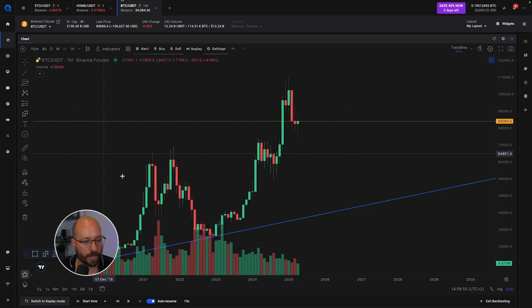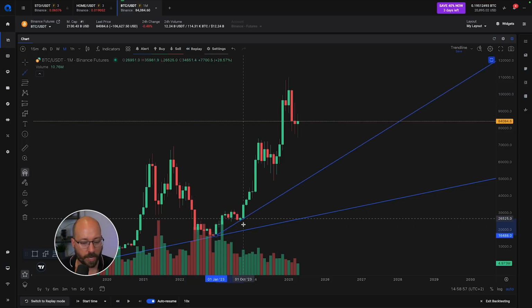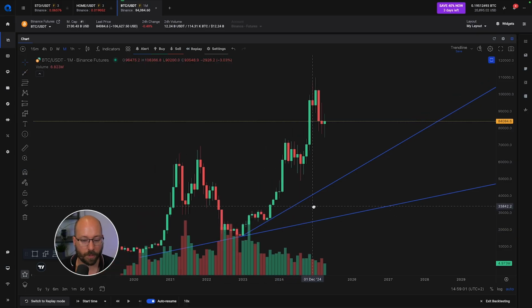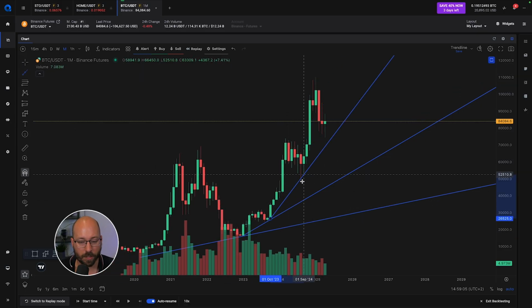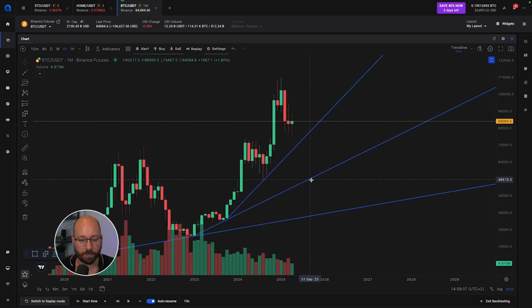I can do that again from point A to point B. And I can do that again from point A to point B. And point A is always the previous point B. So this was point B on the first line, this is point B on the second line, and this is point B on the third line. And we can draw perhaps a fourth line.